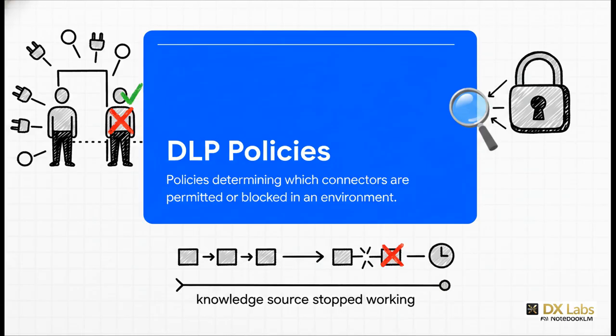And here's the kicker. If a policy changes later and blocks a connector you are already using, your real-time knowledge source will instantly break and stop working. You must always verify your DLP policies before you start building, which is a critical best practice often tested on the AB 620 exam.